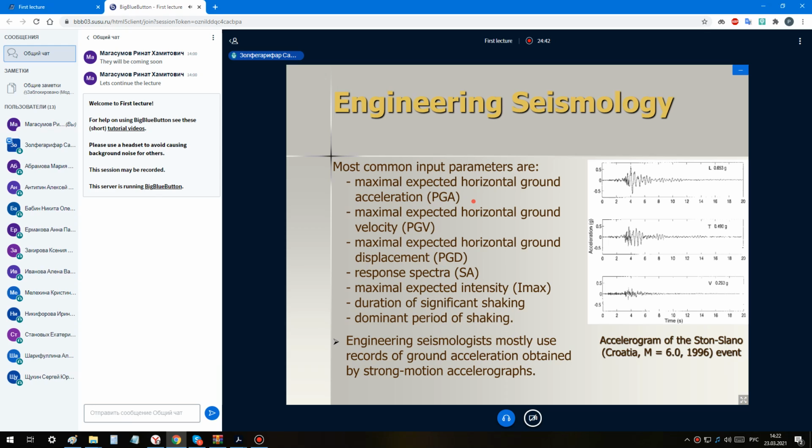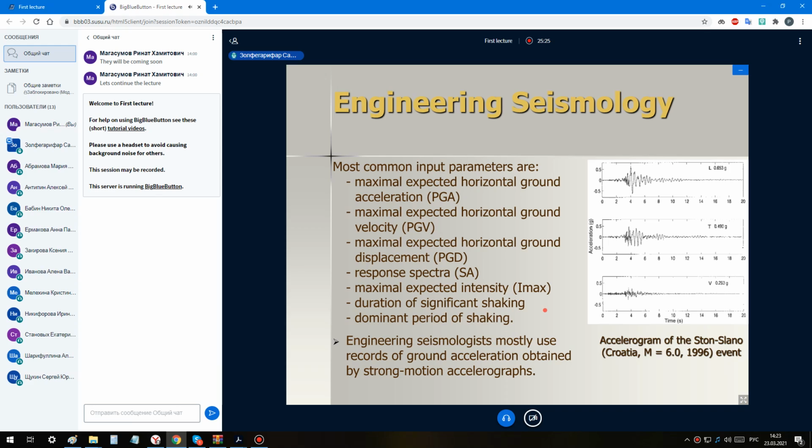Also in engineering seismology, we need for design PGV, PGD, SA, and I max. The maximal expected horizontal ground velocity is shown with PGV, the maximal expected horizontal ground displacement is shown as PGD, and response spectra are shown with SA, and the maximal expected intensity is shown with I max.